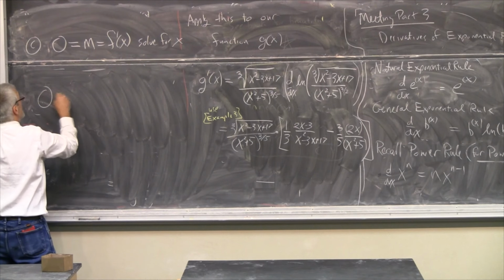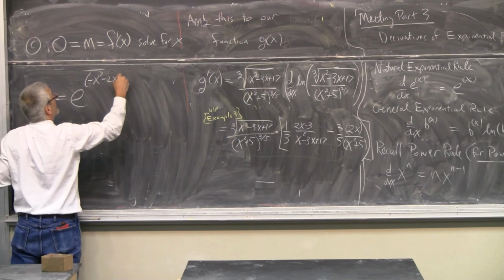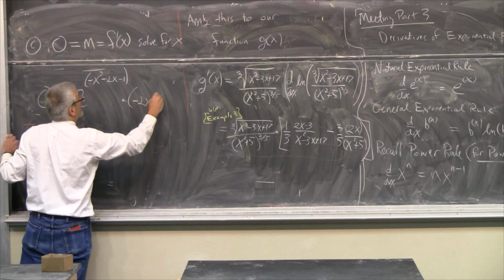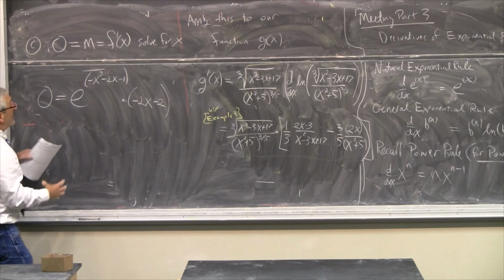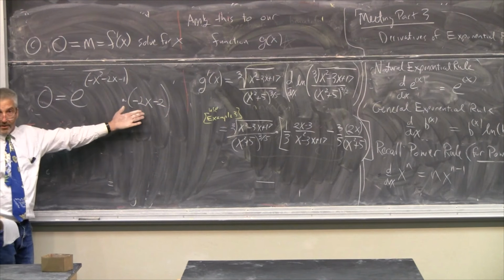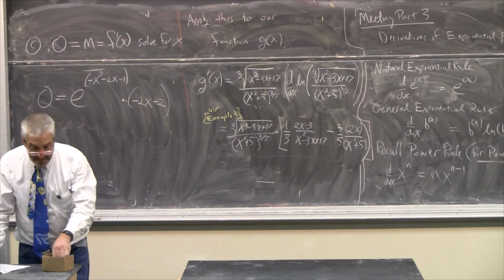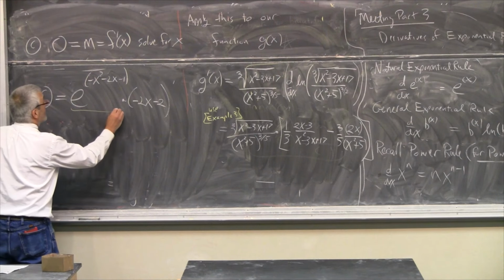So 0 equals e to the minus x squared minus 2x minus 1 times minus 2x minus 2. So look, I've got two things being multiplied together, and I have to get 0 as a result. Now remember that e to anything is always greater than 0.